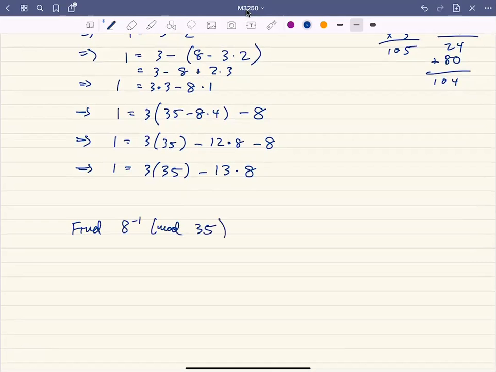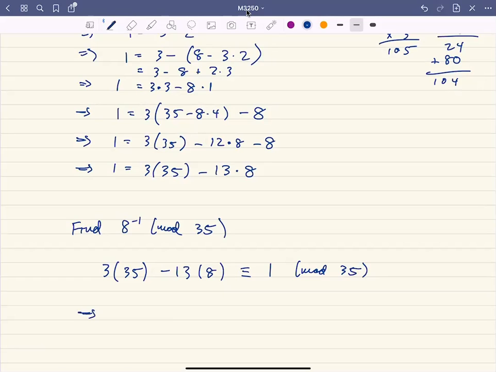mod 35. And the way I like to do this is I always like to do this at the same time. You might be able to see what's going to happen already, but I like to just write it out, that 3 times 35 minus 13 times 8 is congruent to 1 mod, we're working mod 35. Okay, and so we've seen that.